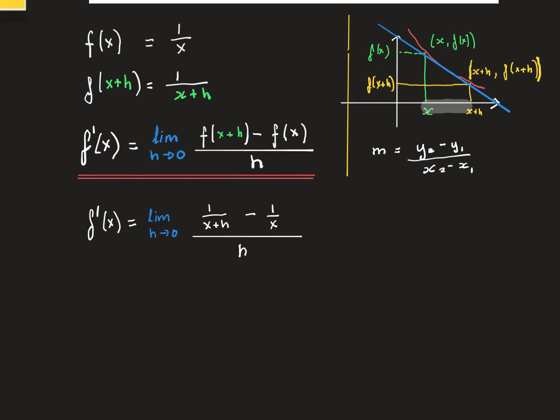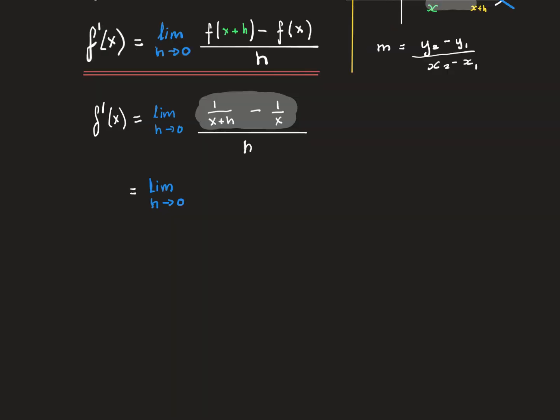Now my numerator seems to be very problematic, so I'm going to start with the numerator first of all and rearrange that. I'm going to cross multiply the numerator, so I'll get x minus (x plus h), and that will be divided by (x plus h) multiplied by x.